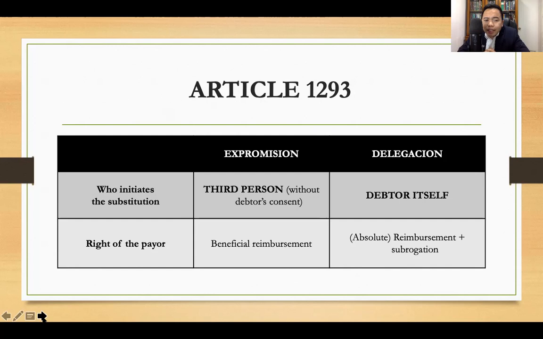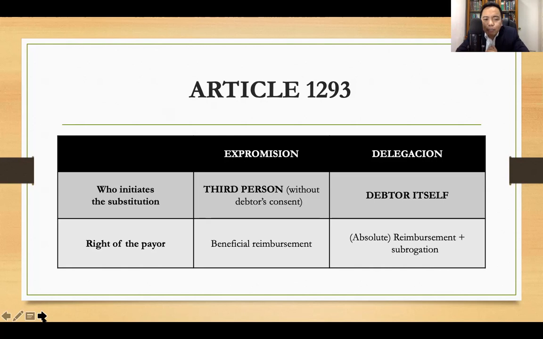When it is the debtor himself who initiates the substitution, then it is called as delegation. Again, pag third person, expromission. Pag si debtor ang nag-initiate ng substitution, delegation. Dine-delegate niya, di ba? Delegation.